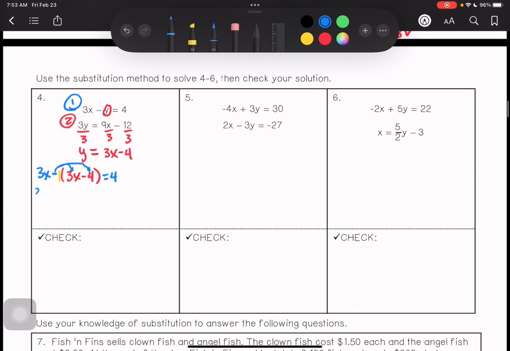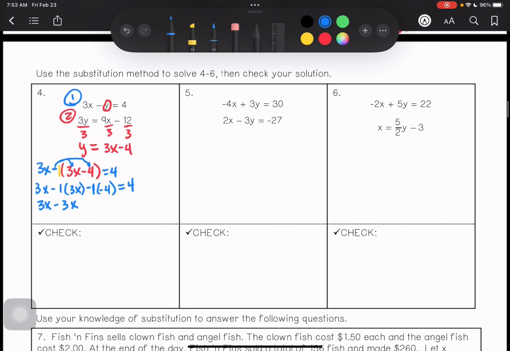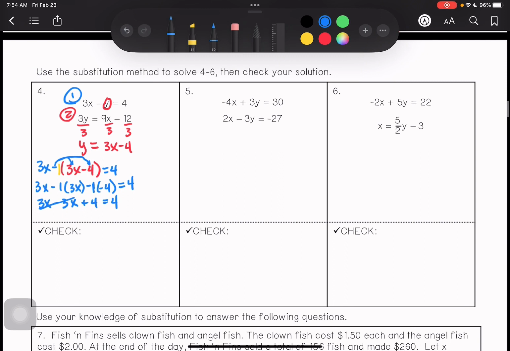You're going to multiply negative 1 times 3x minus 1 times negative 4 equals 4. That gives me 3x minus 3x plus 4 equals 4. This cancels, and I get 4 equals 4.